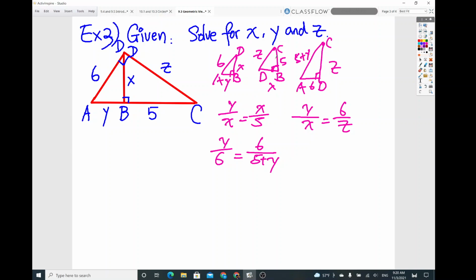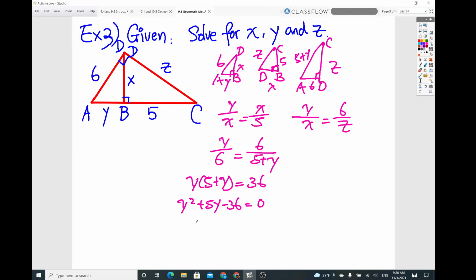And then using the Pythagorean theorem, we can solve for z. So solve for y first, cross multiply, so y times 5 plus y equals 36. And then expand it, so y squared plus 5y minus 36 equals 0. And this one, you might be wondering, is this factorable?